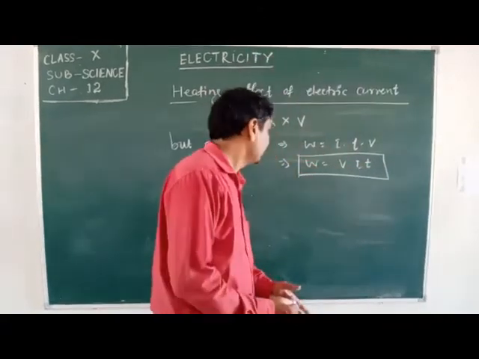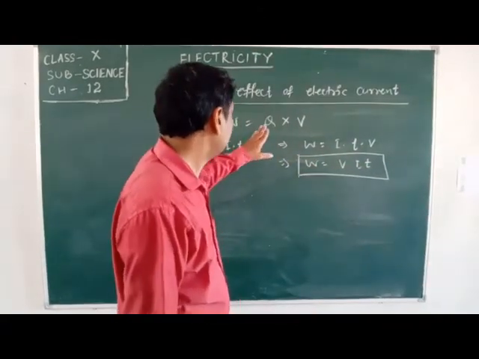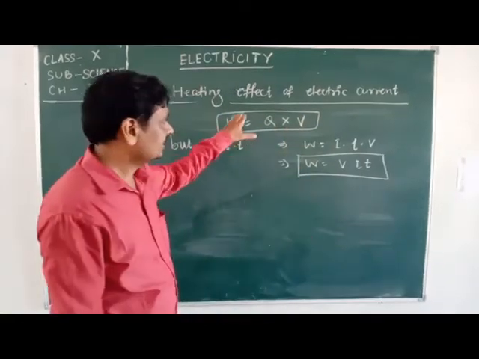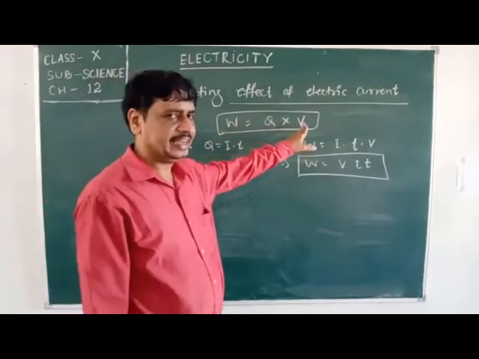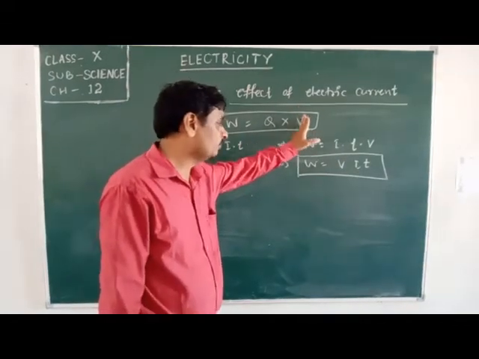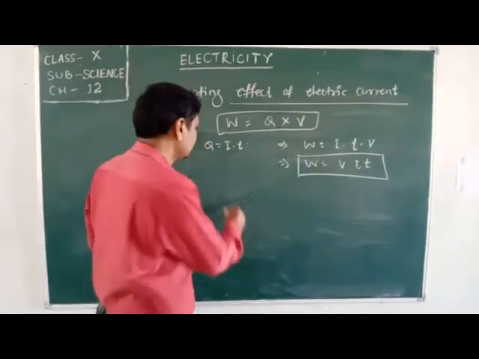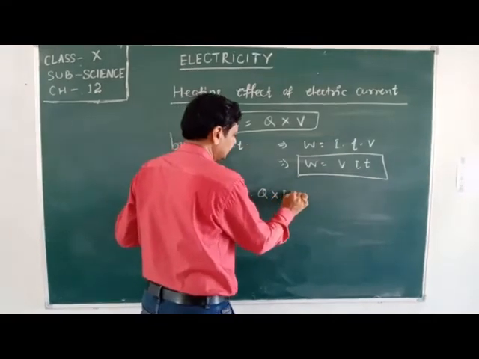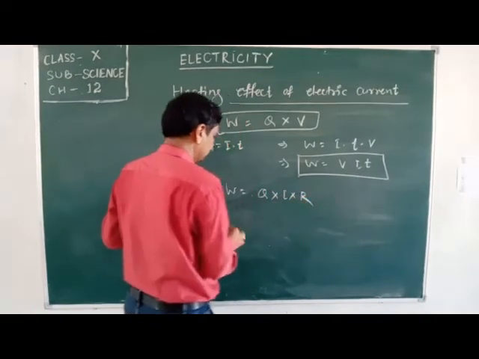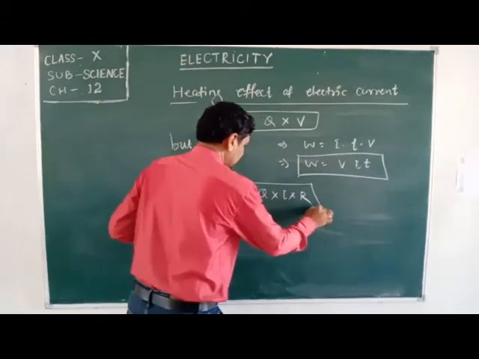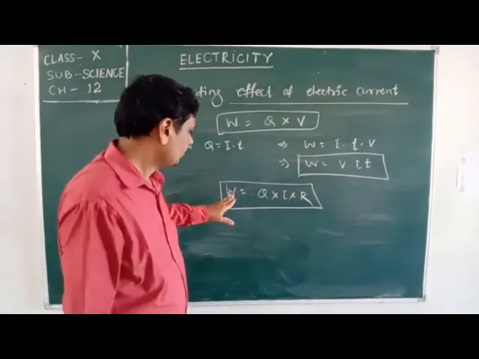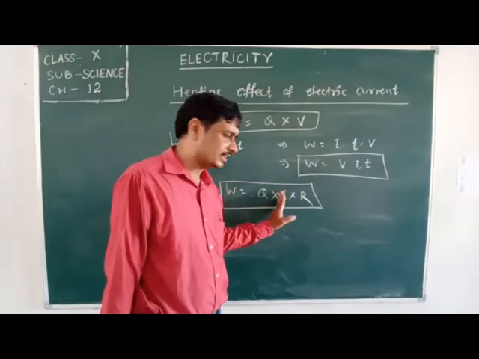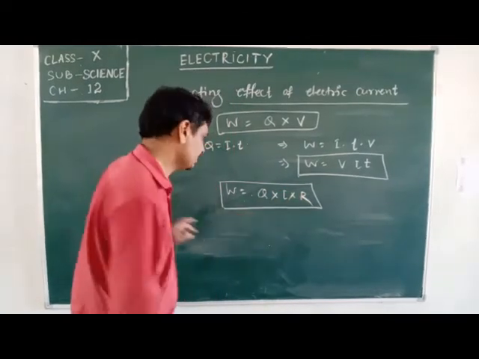We can relate this work done, current, and in place of V, we can write here I into R. So W is equal to Q into I into R. It is the relation between work done, charge, electric current flowing through the circuit, and resistance.